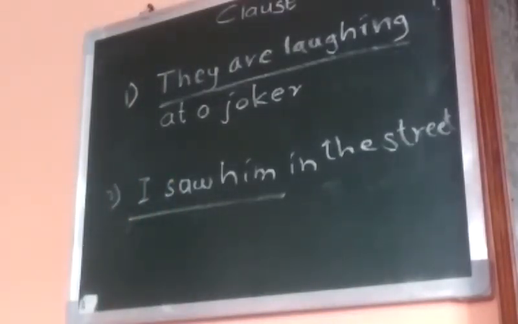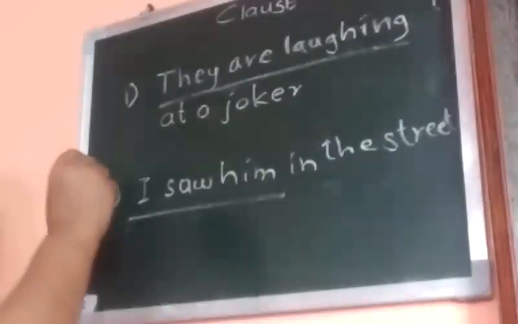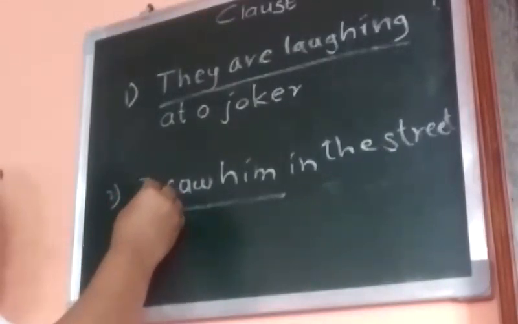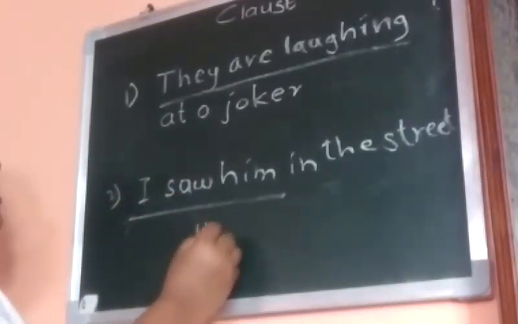Now, what is the difference between phrase and clause? Clause and phrase are two important terms in English grammar. Clause and phrases are parts of a sentence. A clause is a group of words that consists of subject and verb.